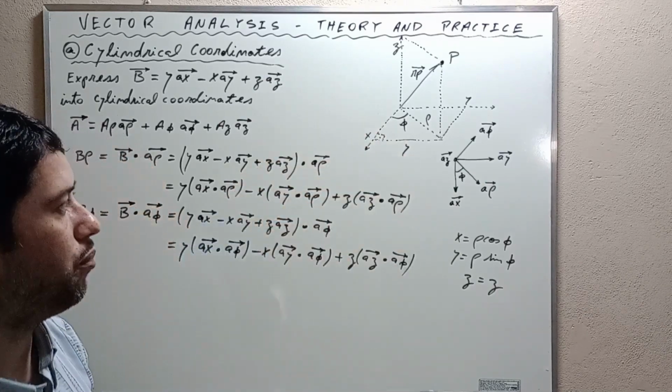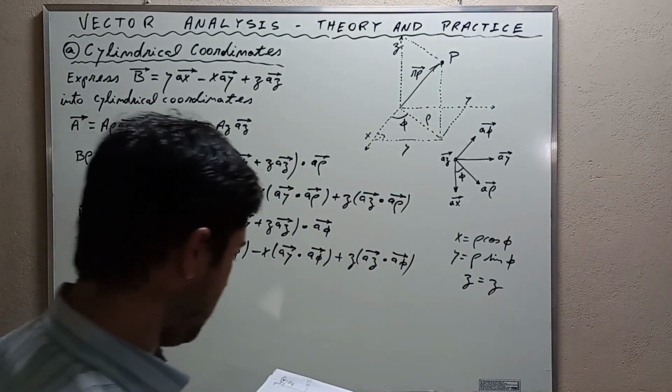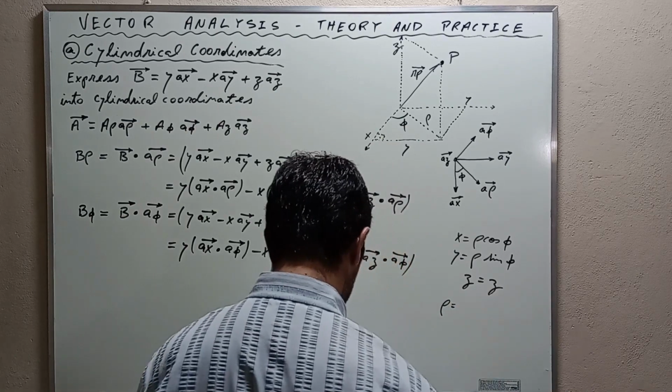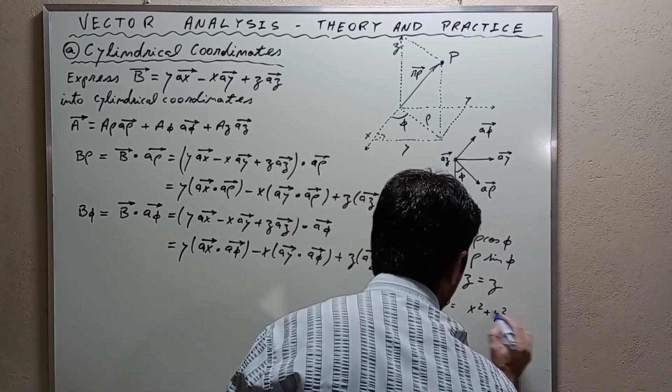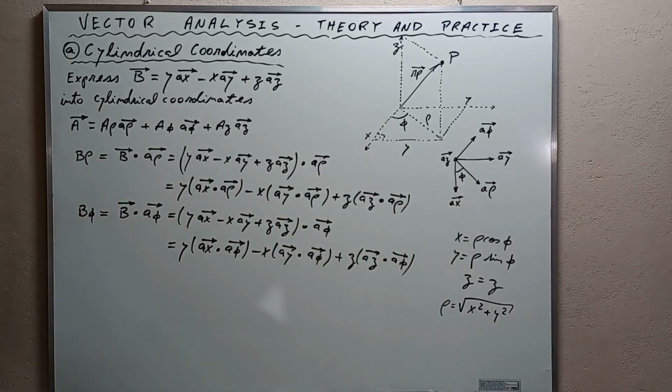To find the hypotenuse we use Pythagoras, and then ρ is simply the square root of x squared plus y squared. And how about the angle phi?